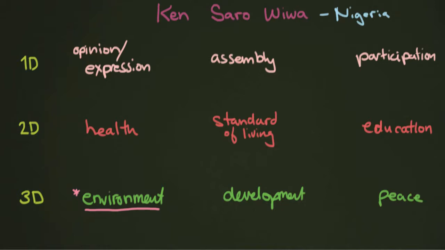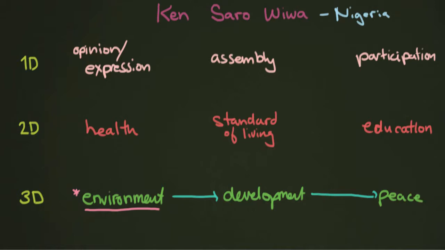Now, this very fundamental changing of the environment of the place where he and his family and his people, the Ogoni people, came from, this environmental change obviously would have an effect on their development. Because when the environment is in rough shape, well, development is going to be hard as well. This entire situation also had a pretty destabilizing effect on peace in the region. So there's lots of strife and conflict in the area.